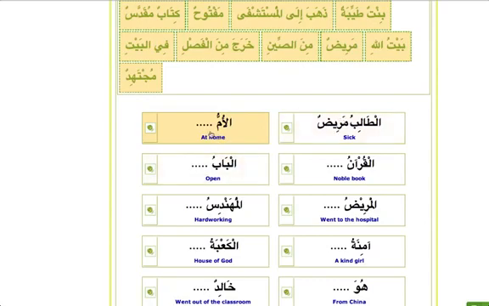At home is al-ummu fil bayti. Al-Qur'anu is a noble book. So I say kitabu muqaddasun. So inshallah this will be sent to you as homework, so you can practice and do this inshallah.